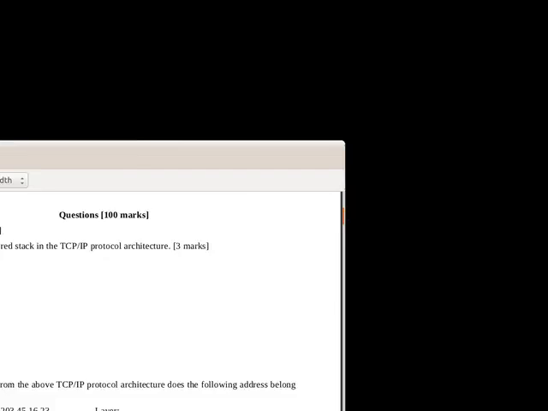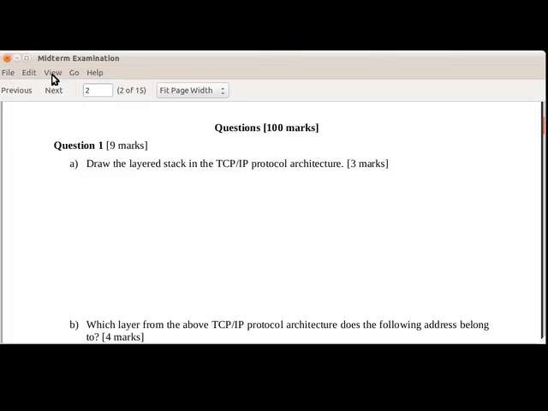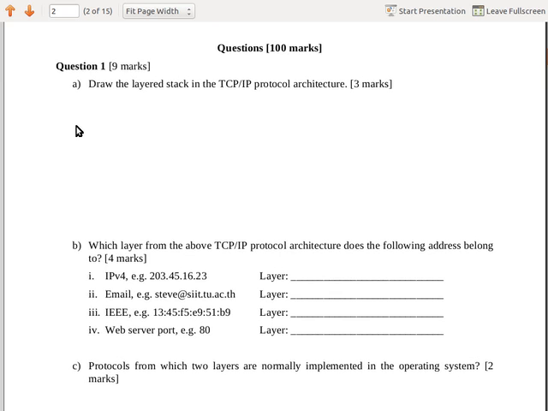I think in the back of your handouts you have last year's exam. Try and find it. Last year's exam, question 1, draw the TCP/IP stack.